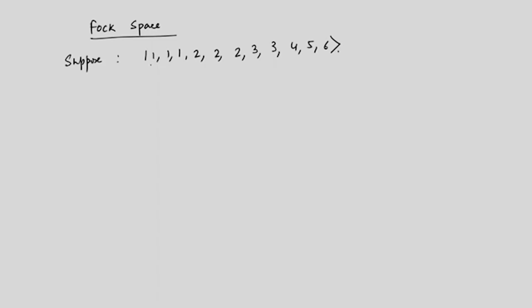Which means that there are 3 quantum states containing 1 particle, 3 quantum states containing 2 particles, and 2 quantum states containing 3 particles, 1 quantum state containing 4 particles, 1 containing 5 and 1 containing 6 and so on and so forth. Okay.